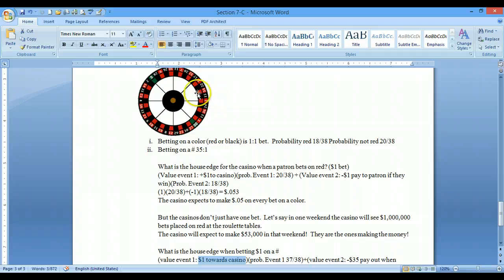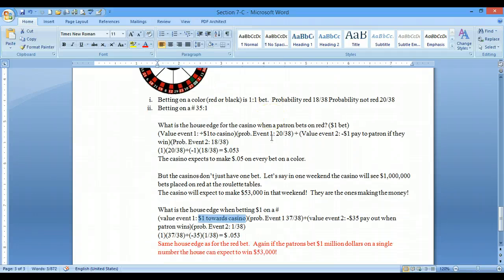So if you bet on one number, that gives us 37 out of 38 other numbers not occurring, so that money would go to the casino. The value of event 2 is that the casino is paying out $35 if that patron wins. But the probability of that happening, there's only 1 out of 38 for that number to actually occur.